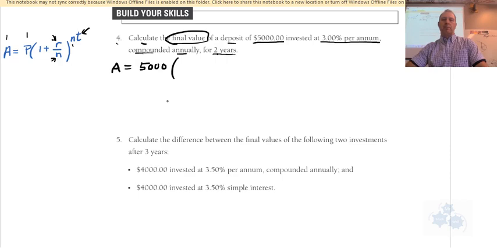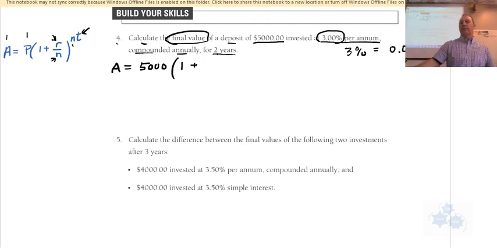We're going to put a 1. That's just a 1 plus. Now the R we said was 3% as a decimal. So how do you write 3% as a decimal? That is 0.03. 3 100ths. Very good. So I'm going to go 0.03. And how many times per year is this compounded?